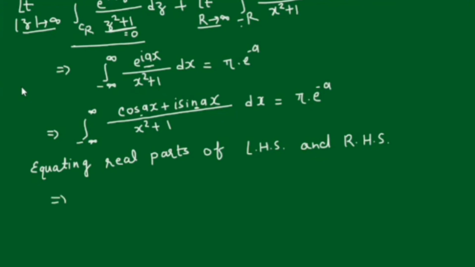So after equating real parts of LHS and RHS, we will get integral from minus infinite to plus infinite cos ax divided by x square plus 1 dx is equal to pi into e to the power minus a, because in the right hand side there is no any imaginary term.